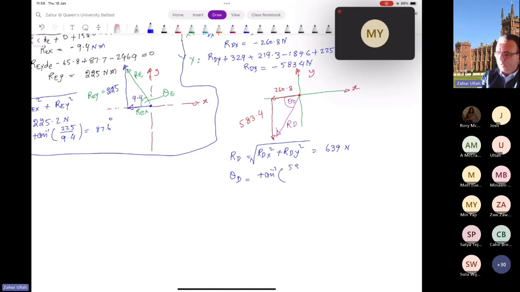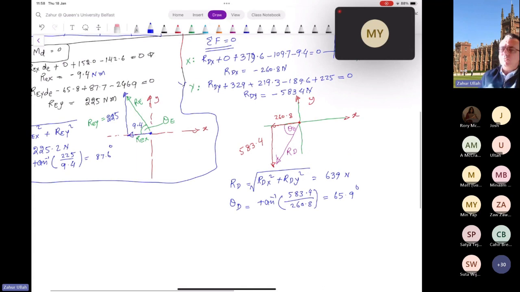So 583.4 divided by 260.8. So this will be around 65.9 degrees. And if you want to calculate this angle with respect to some other axis, then you just need to add or subtract that angle. But this 65 is just this angle here, which is with respect to the negative x-axis. So you managed to calculate both.